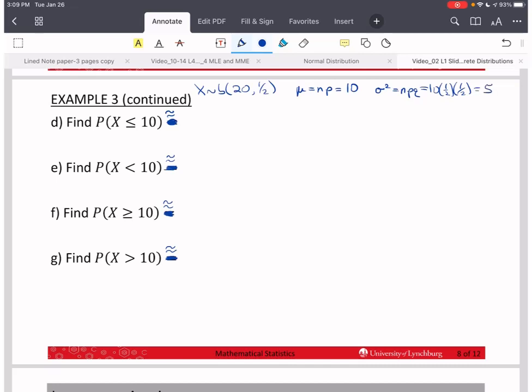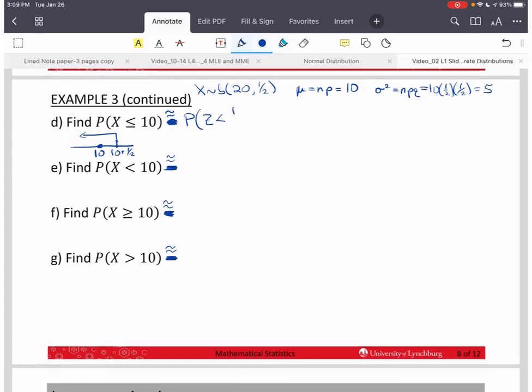Okay. Now I need less than or equal to 10. So I'm going to just draw and say 10. I need less than or equal to, so I need to go from above 10. So that's going to be 10 plus 1/2 to get the less than or equal to. So I need the probability that z is less than, I can say equal to, but less than works too.